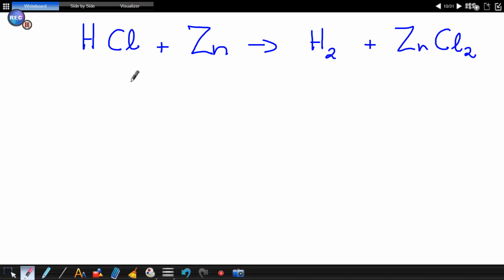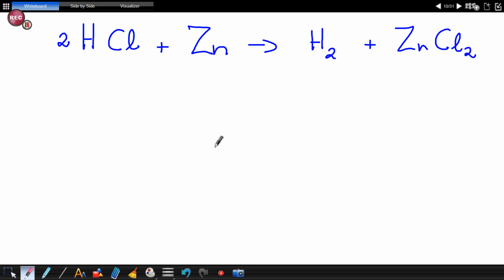It's hopelessly too easy. To balance the reaction equation, you need 2 moles of hydrochloric acid for 1 mole zinc to make 1 mole hydrogen and 1 mole zinc chloride.